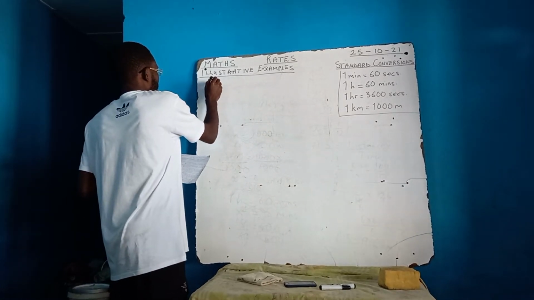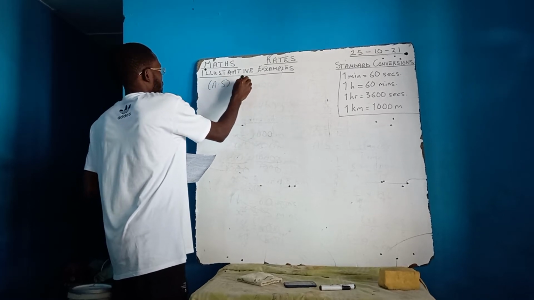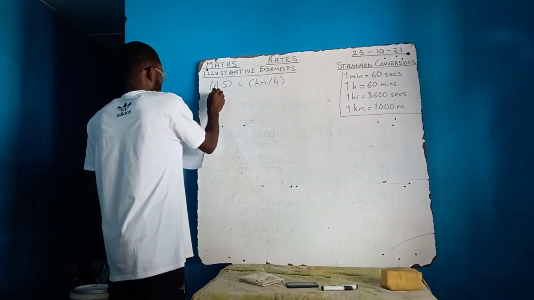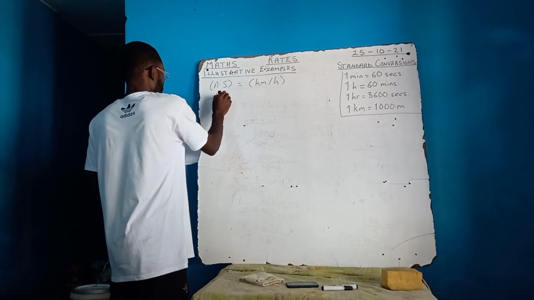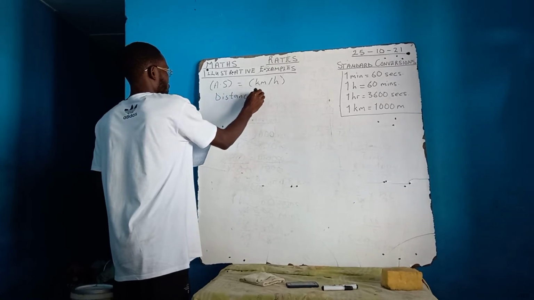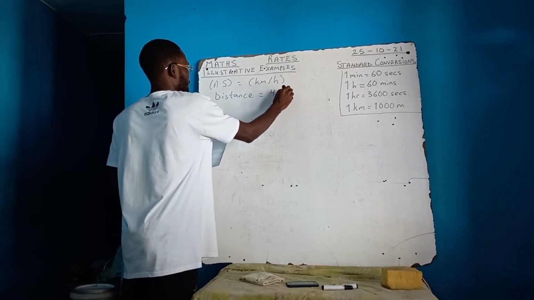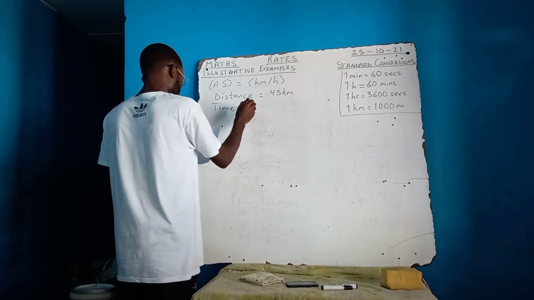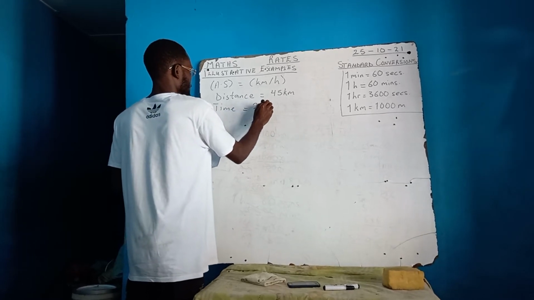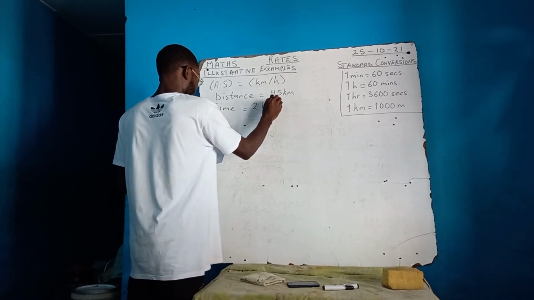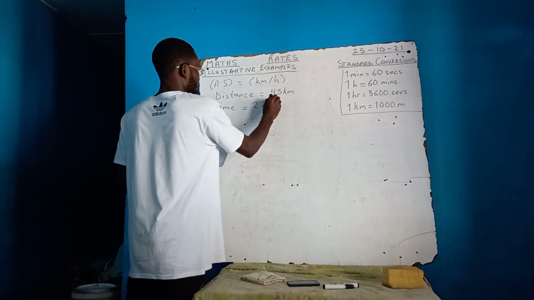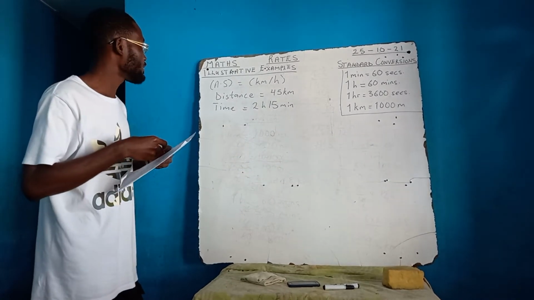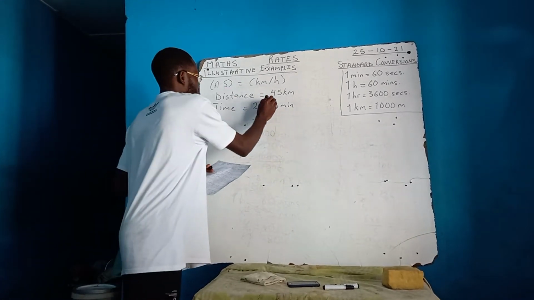So our average speed is in kilometers per hour, and our distance is 45 kilometers. Our time is 2 hours, 15 minutes, sorry. So 2 hours 15 minutes.